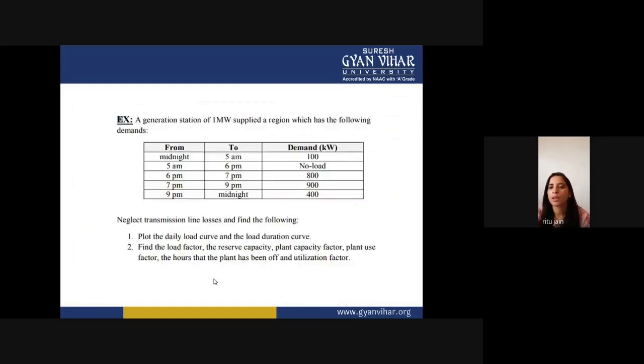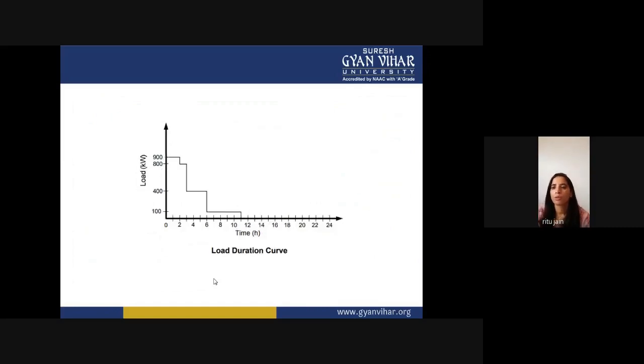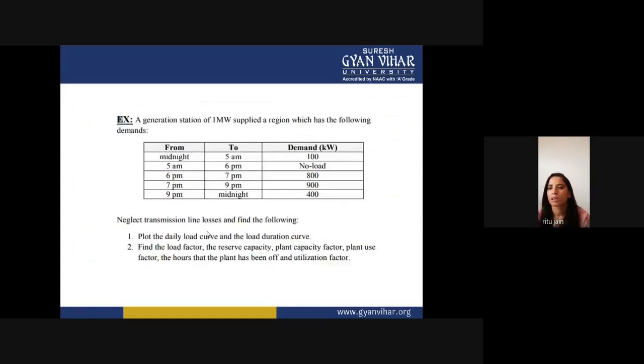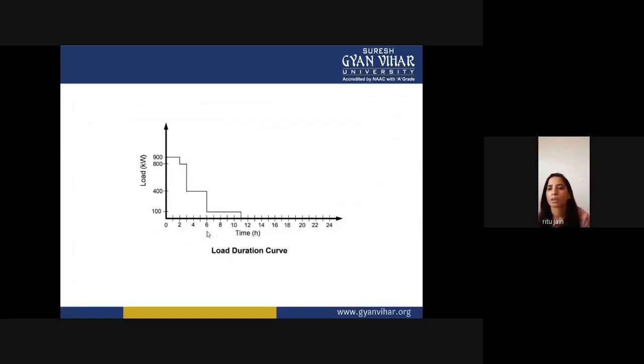This is your 400 load, from 9 p.m. to midnight. Next is your 100, which is from midnight to 5 a.m. You can easily calculate it.